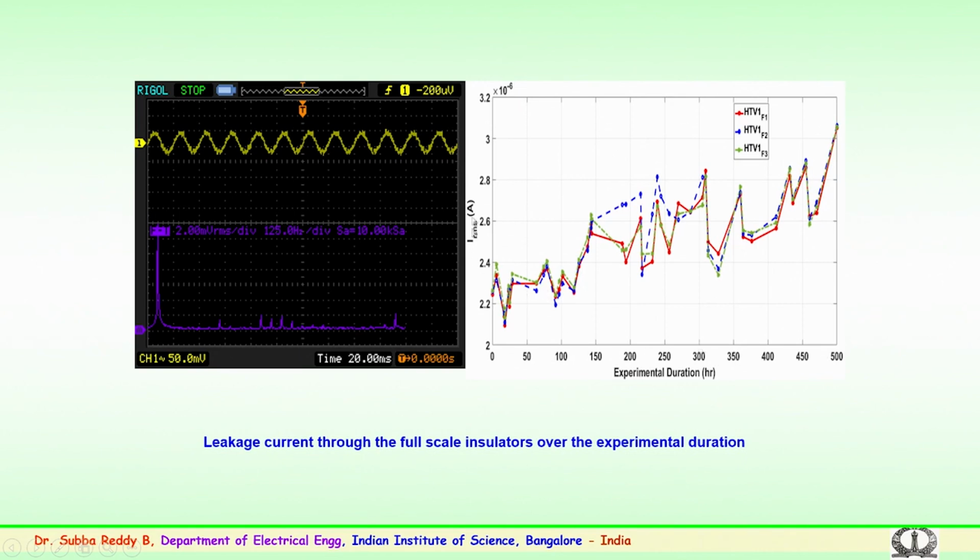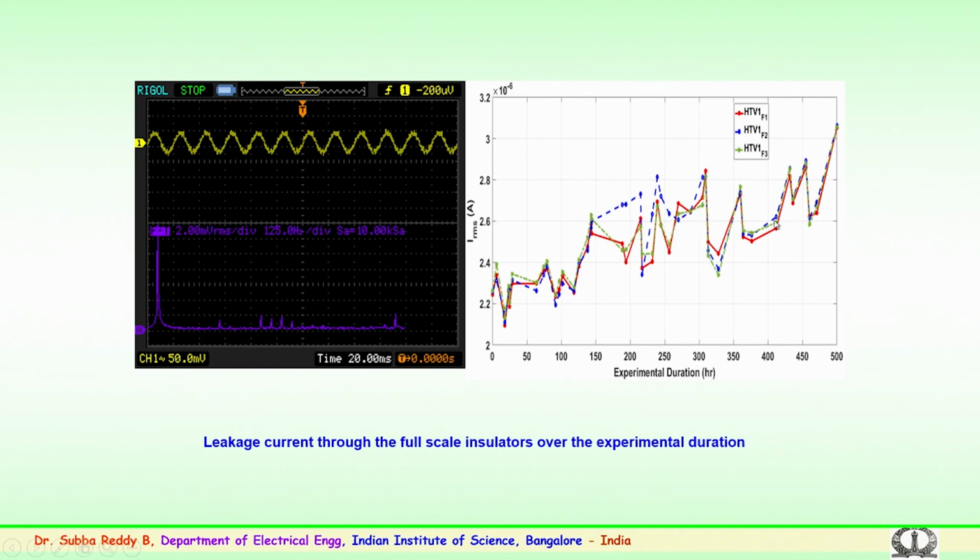It shows the current here in terms of microamps versus the experimental duration, that is a period in hours. You can see that initially the current for all the 4 samples stays low, and over a period of around 100 to 150 hours, you can see a slow increase in the current.